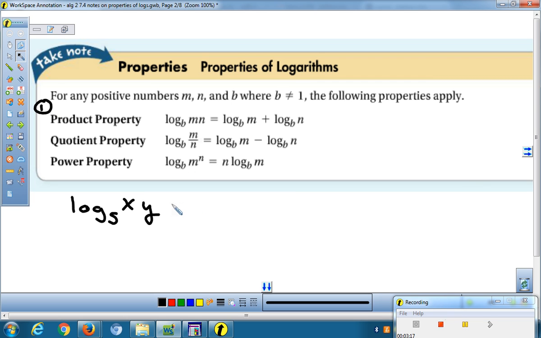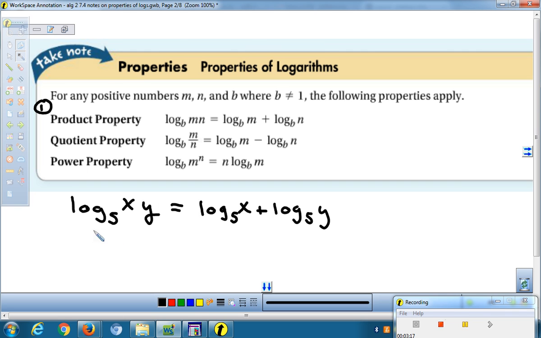How can I rewrite this? Sometimes you'll be asked to expand this single log to multiple logs. That means using these properties. So that means that we will have log base 5 of x plus log base 5 of y. That's the basic idea. These two log statements are equivalent.